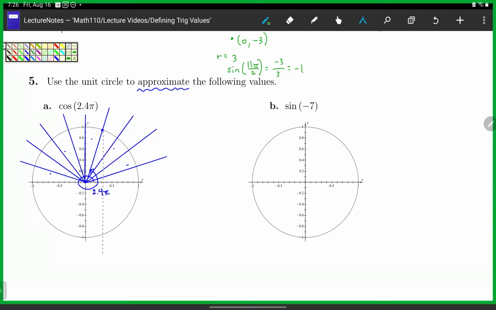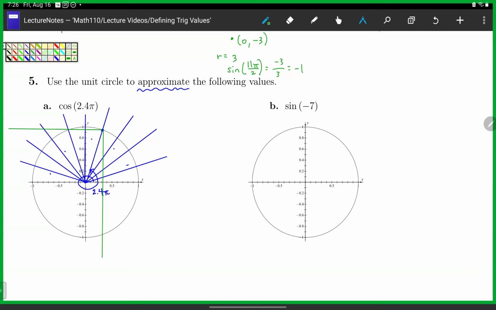Now, in this place, I'm going to drop a perpendicular, and since I have a ruler, I'm going to use the y-axis to eyeball a parallel. And same thing here, using the x-axis to eyeball a parallel.